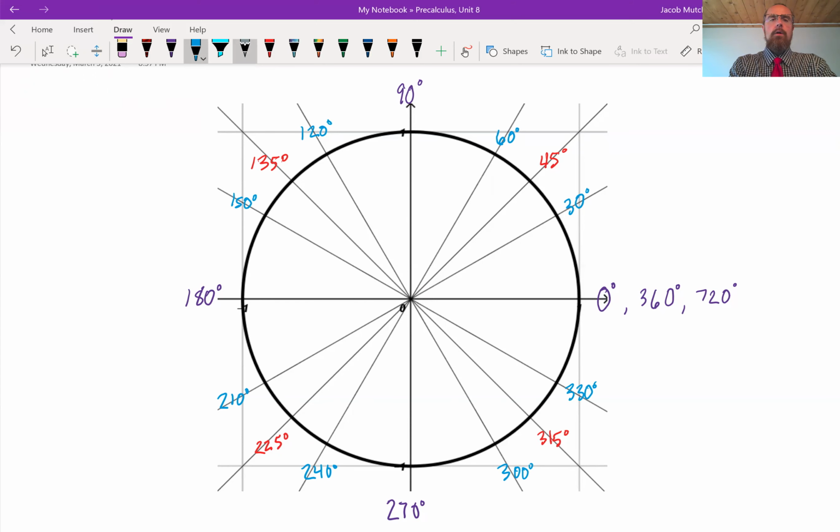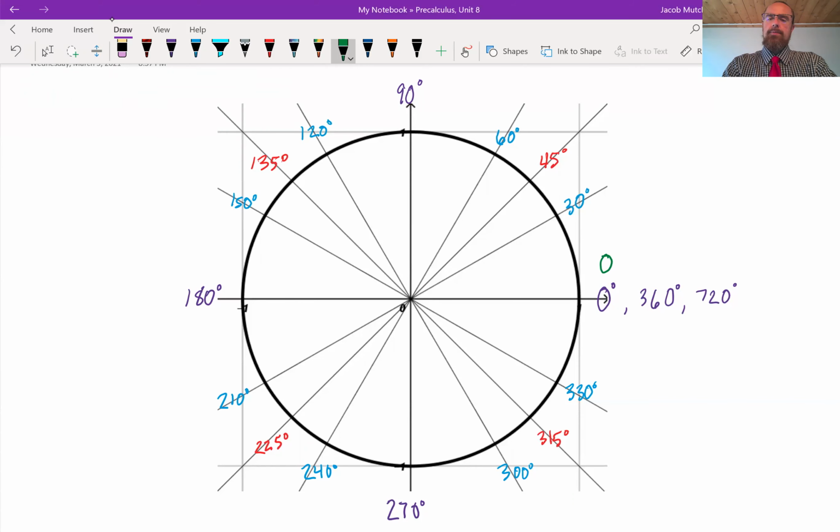What we want to follow up with is markings for these same angles, but now in radians. So we'll just note that these are equivalent angle measures. We marked degrees first, but with radians, we get a different view. So I'm going to start with 0 radians.